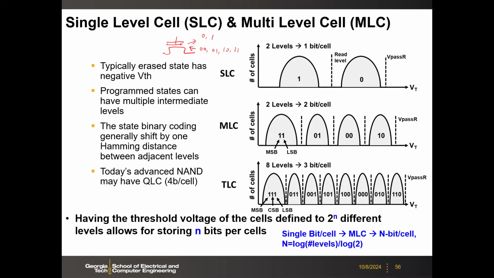So here, the idea is to program the threshold voltage into multi-level states. If you recall the ID-VG curve of the flash transistor, we have the program states and then the erased states. So we have this VTH.